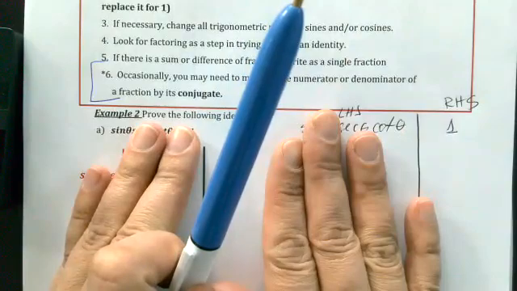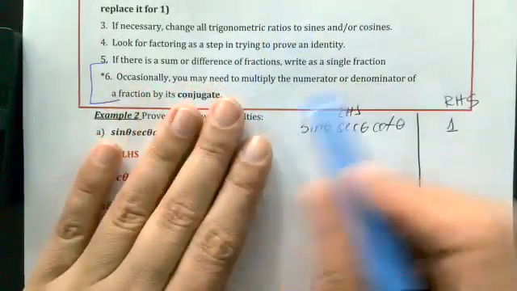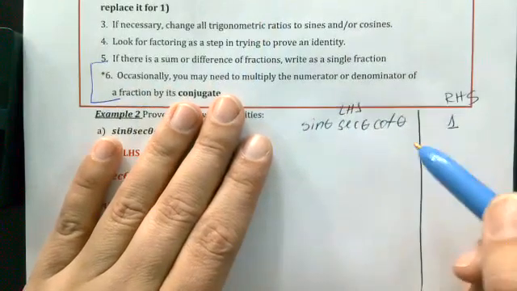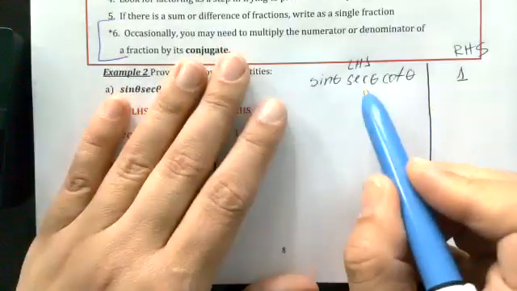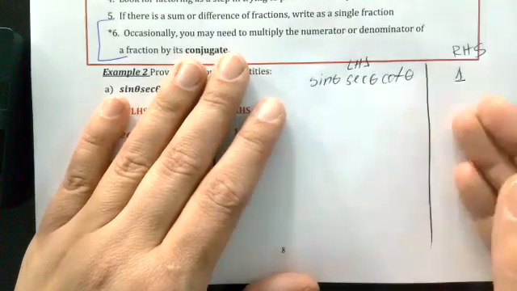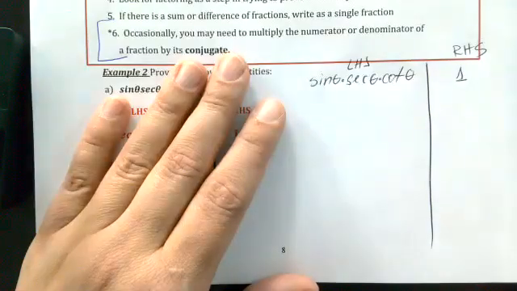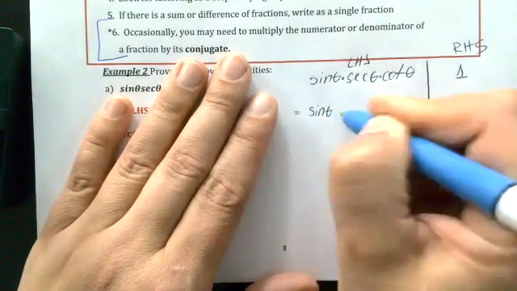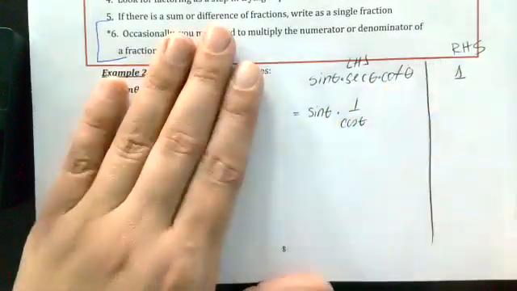So let's focus on the left-hand side, and usually we always start with the more complicated side of the equality, and this one is obviously more complicated. We see we have secant and cotangent, and I would change everything in terms of sine and cosine. In between these, remember, it's just times. So we have sine of theta, secant is 1 over cos of theta.